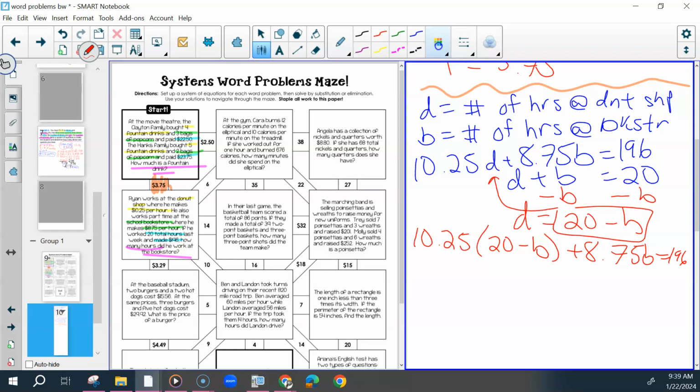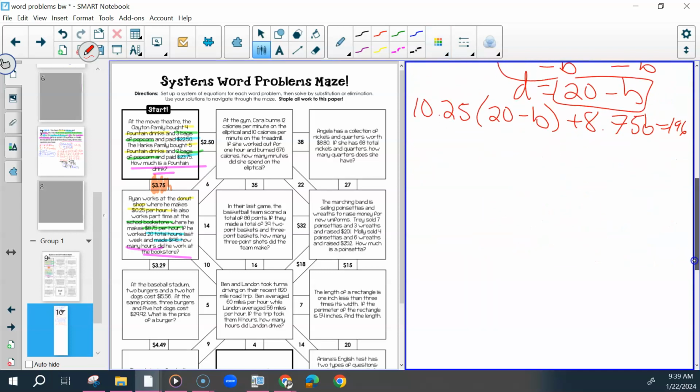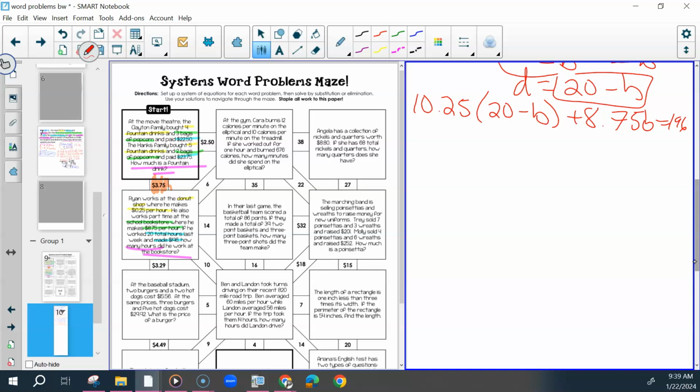And when we do that, there's just B's left. What is 1025 times 20? And if we combine our like terms, what would that be?